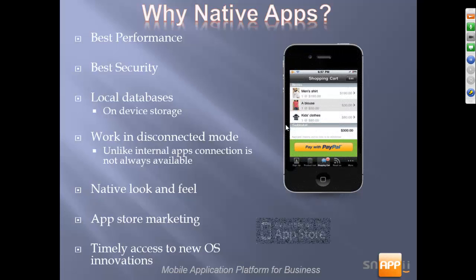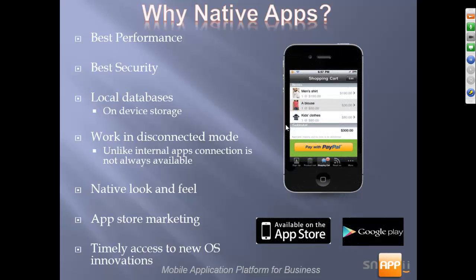And finally, but certainly not the least important, with a native app, you would get access to new OS features and bug fixes much faster than you would with a hybrid app, right? Because when you have a hybrid app, you have to wait for bug fixes in the browser. You have to wait for the browser to get fixed, or you'd have to wait for wrapper code, PhoneGap fixes, if a bug is in that code.